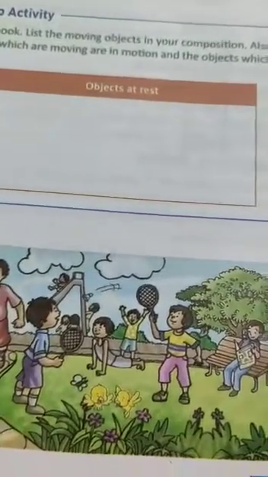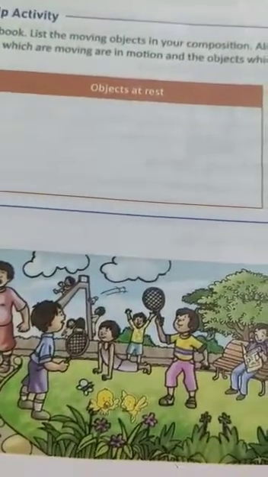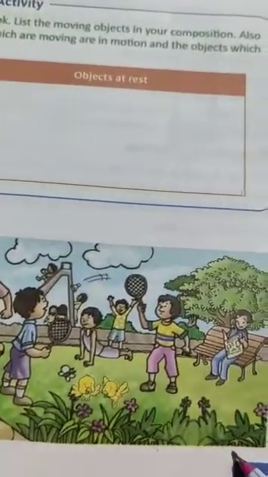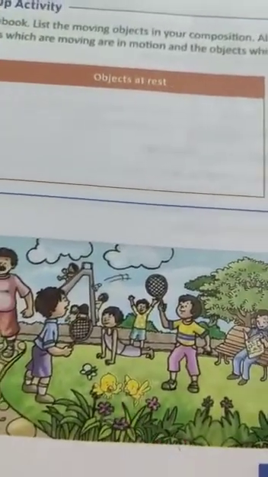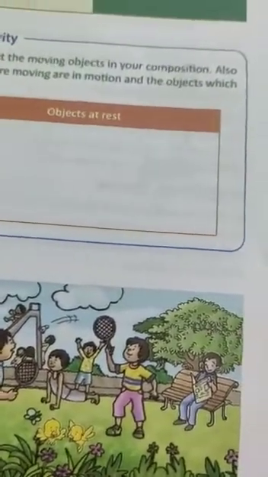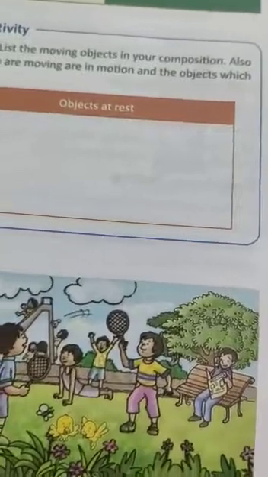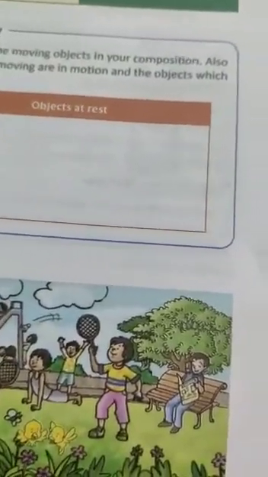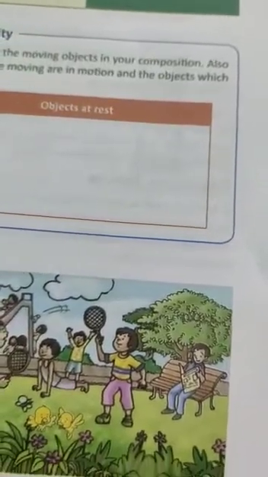So when the position of a body with respect to its surrounding changes with time, that is said to be in motion. I hope it is clear. Now many examples, children, you might have noticed in your daily life. We are sitting on a railway platform and looking at a tree nearby.